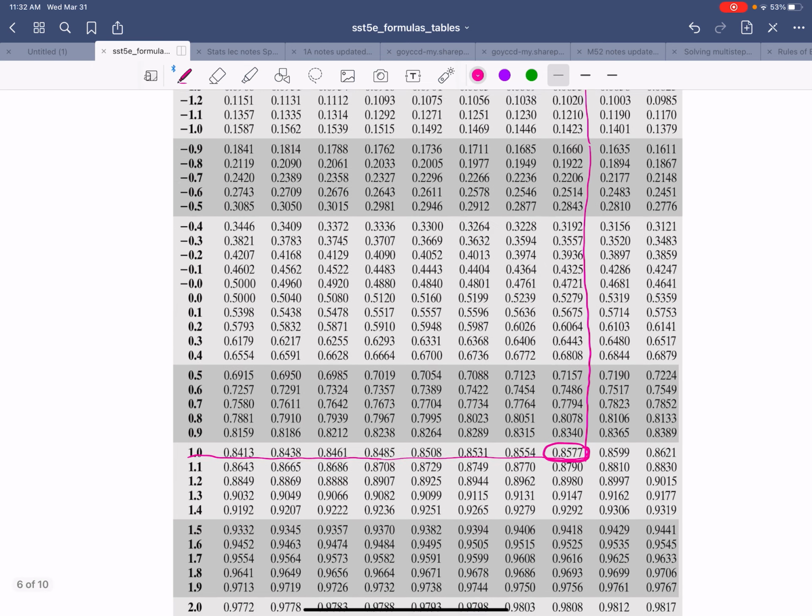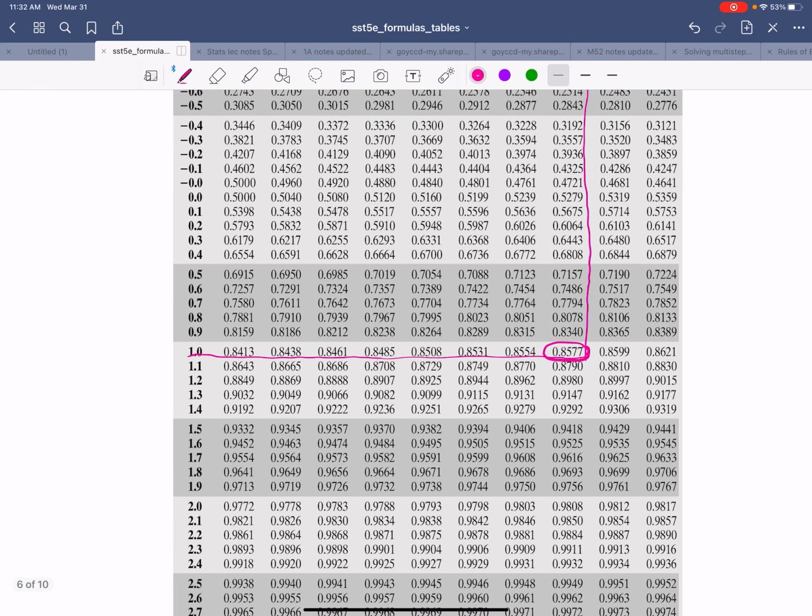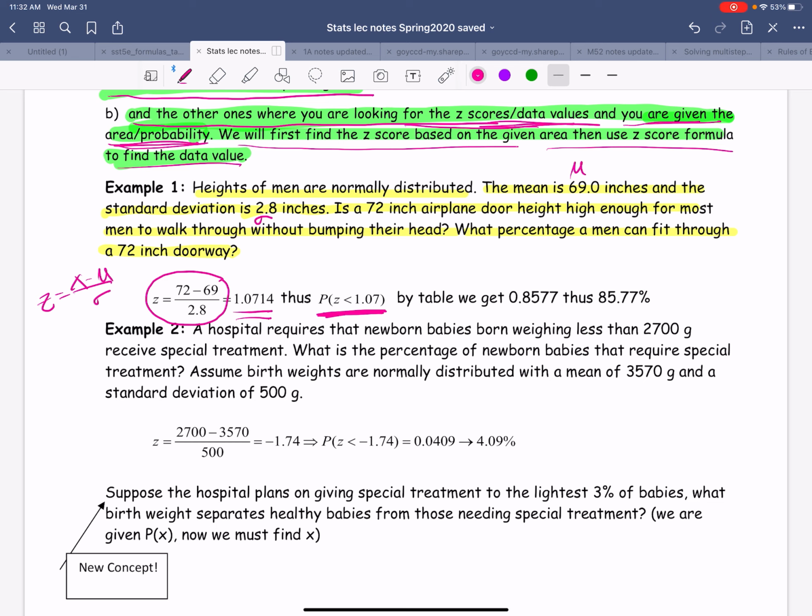So 0.8577 is the area. If we convert it from decimal to percentage, that would be 85.77%, which is most men. So 85% of the men will be able to walk through that door, or 86% approximately. And that's most men, to answer the question.